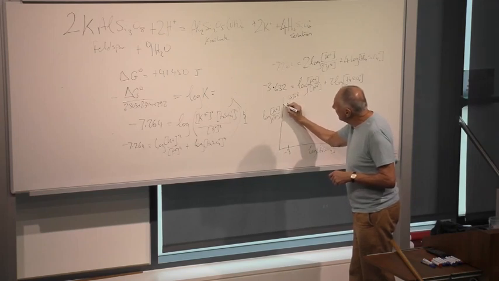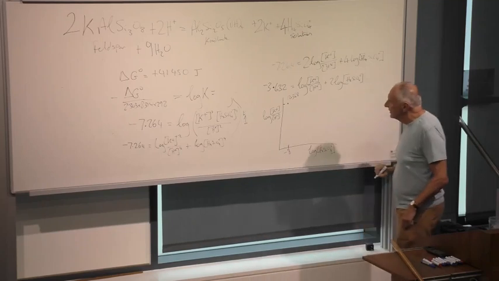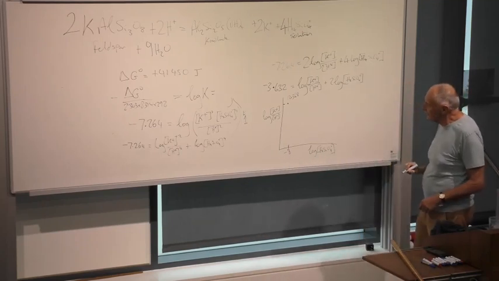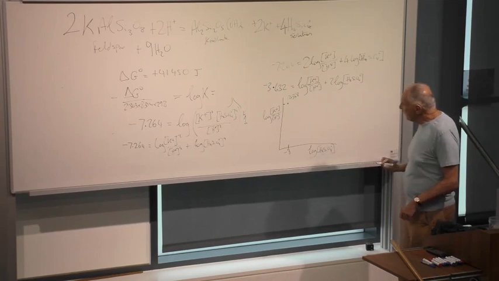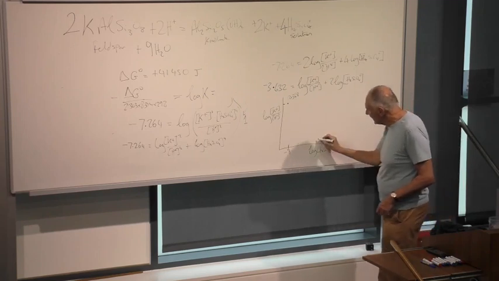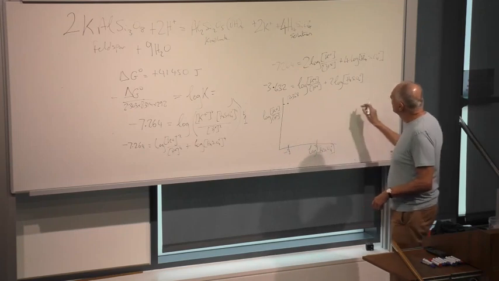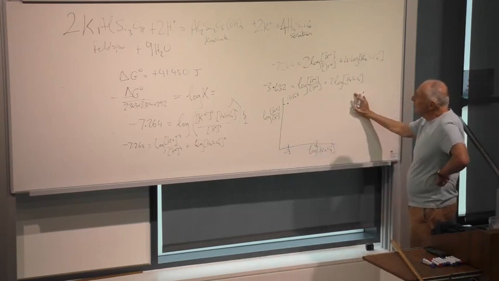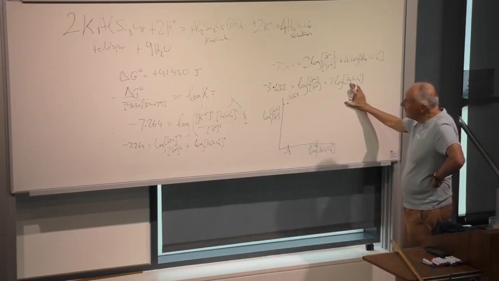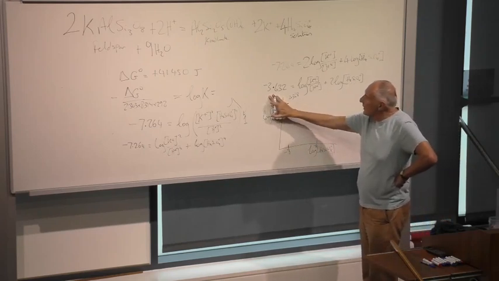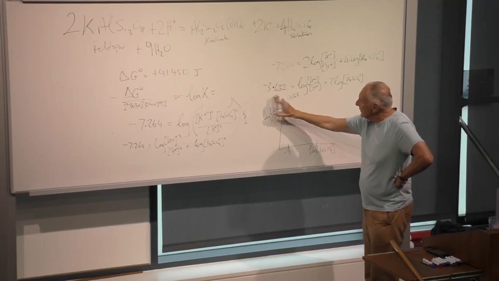So that would be our K plus over H plus. We'd have a lot more potassium than we would have hydrogen in solution. And then if we put minus 4, obviously the slope is minus 2, but anyway, 2 times 4 is 8. Add to minus 3.632 is 8.368.